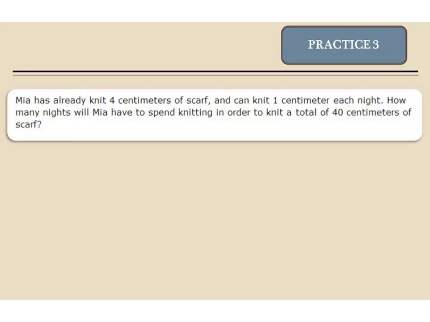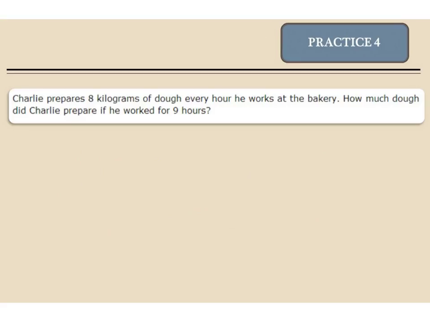Mia has already knit 4 centimeters of a scarf and can knit 1 centimeter each night. How many nights will Mia have to spend knitting in order to knit a total of 40 centimeters of scarf? Practice 4. Charlie prepares 8 kilograms of dough every hour he works at the bakery. How much dough did Charlie prepare if he worked for 9 hours?